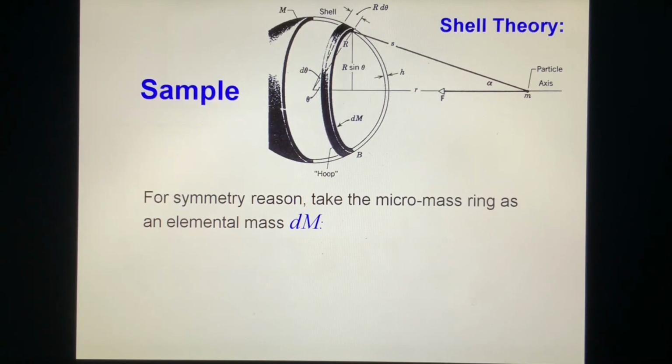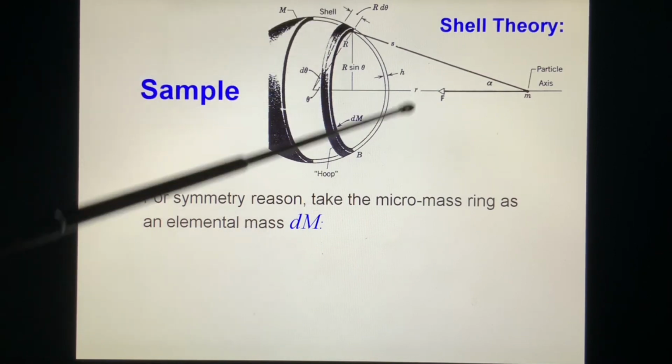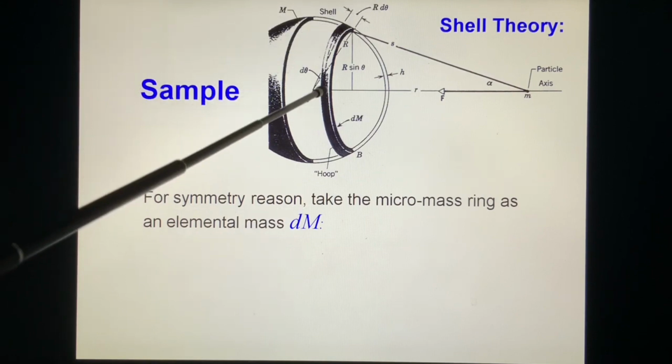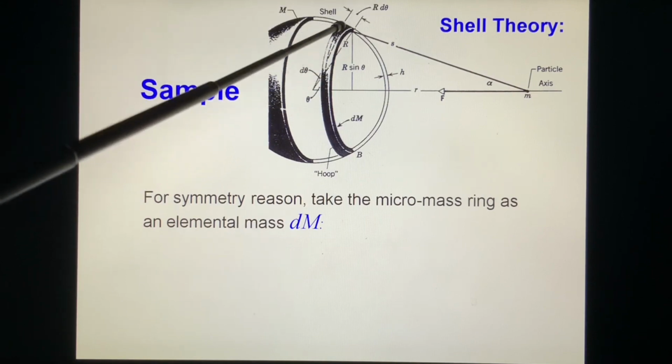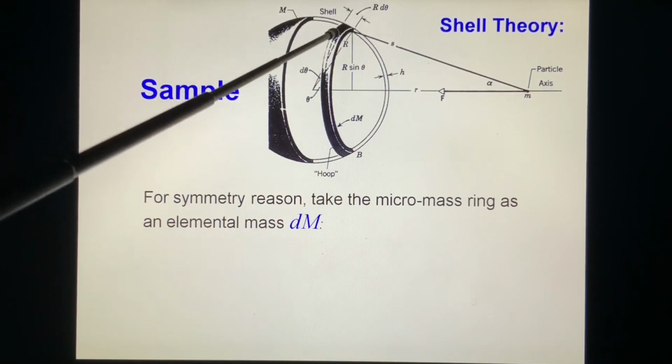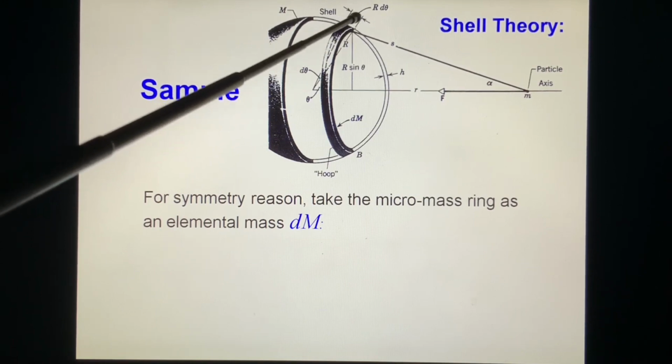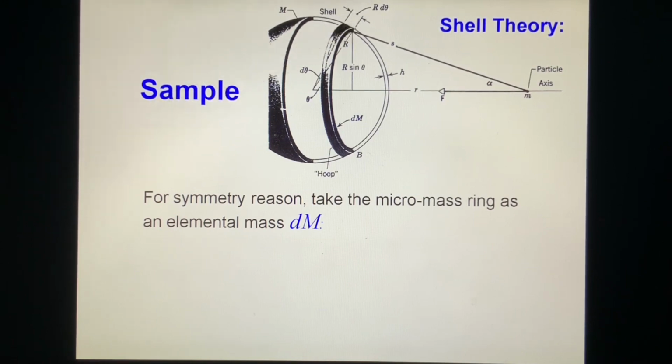Okay. Now, let's find a typical ring, the gravitational force acting on this one. For example, this is a theta. Okay, this is a ring. This ring has a width, delta theta. So this line, the thickness, is R delta theta, okay? Thickness h, okay? The width is R delta theta.